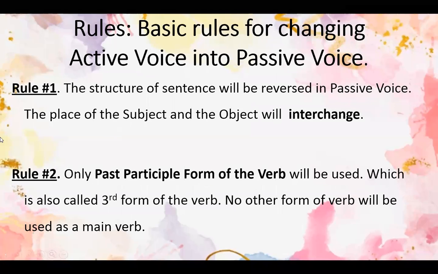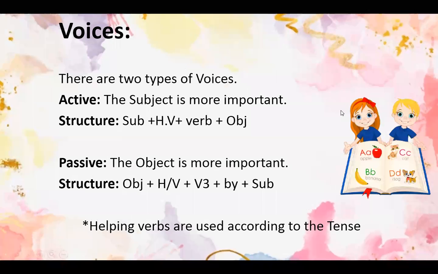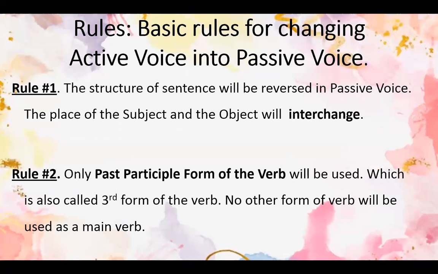Okay, so rule number 1, the structure of the sentence will be reversed in passive voice. As I've shown you here, in active voice the subject comes in the beginning, and in passive voice the object comes in the beginning, so the positions are changed, right?